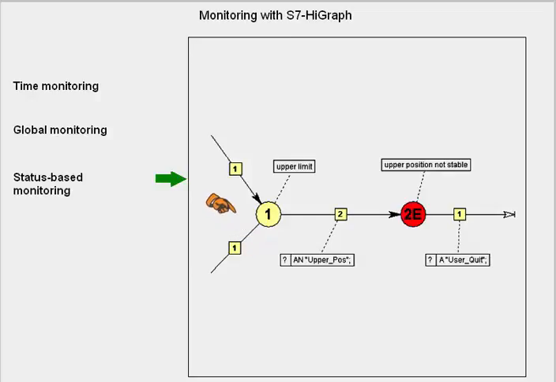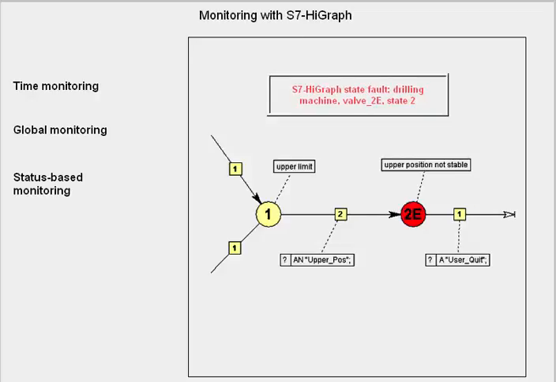In the program, the conditional transition then comes from the monitored state and leads into the fault state. In all three types, the error text is generated automatically from the state number, the name of the graph group, and the state graph.